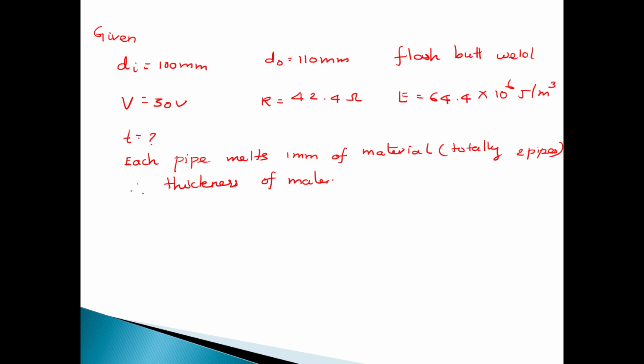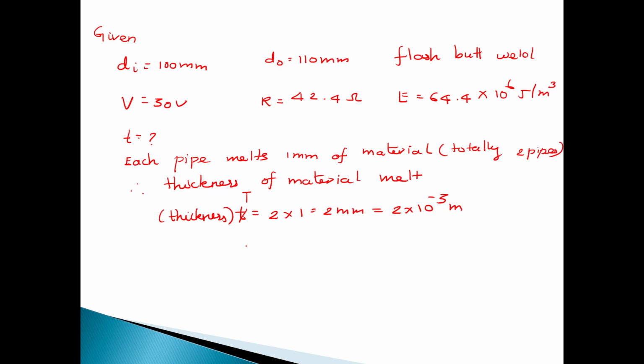Thickness of material melt, T equal to 2 into 1 equal to 2 mm, which is equal to 2 into 10 power minus 3 meter. This T is thickness. Otherwise we will keep it as capital T, to avoid confusion.